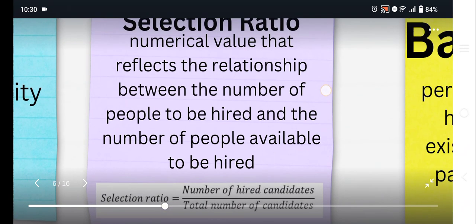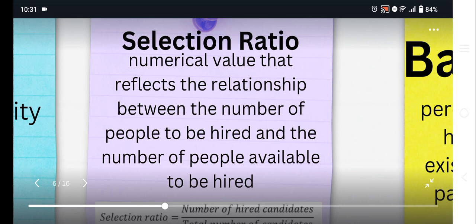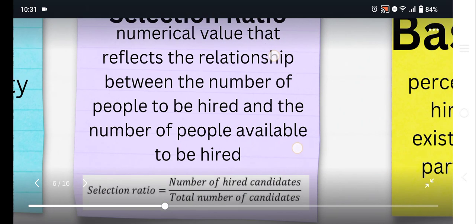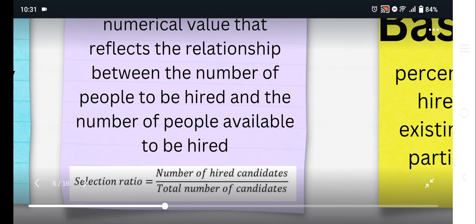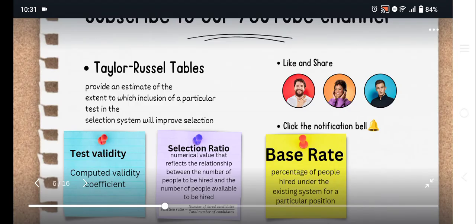It is a numerical value that reflects the relationship between the number of people to be hired and the number of people available to be hired. The formula is: selection ratio is equal to the number of hired candidates over the total number of candidates. Okay?